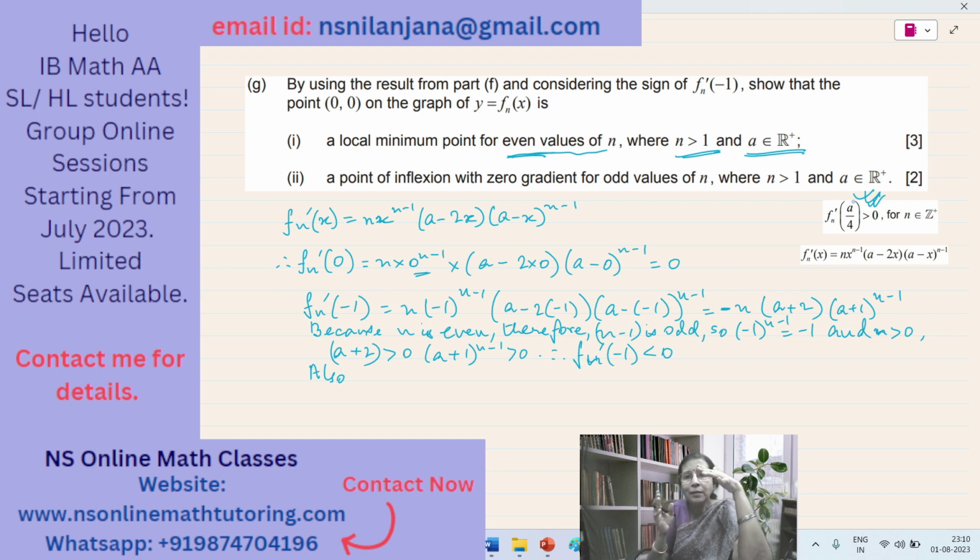So the sign diagram is from negative to positive. The transition of the sign is from negative to positive around this value 0. Okay. So also Fn dash of a over 4 is greater than 0.